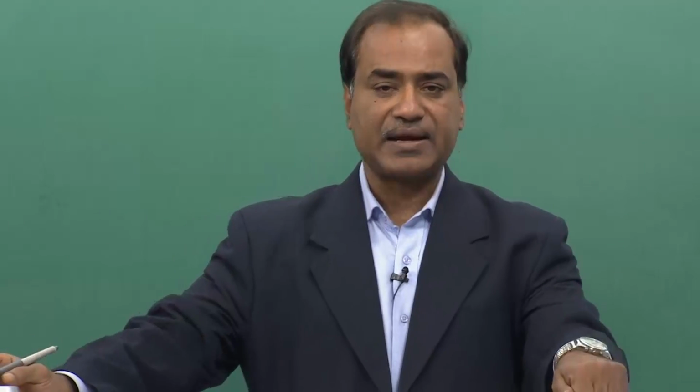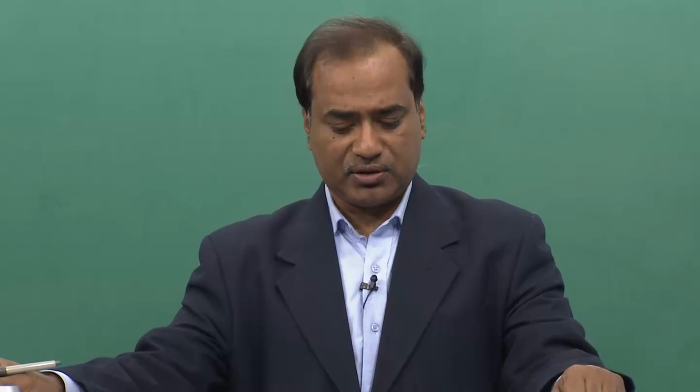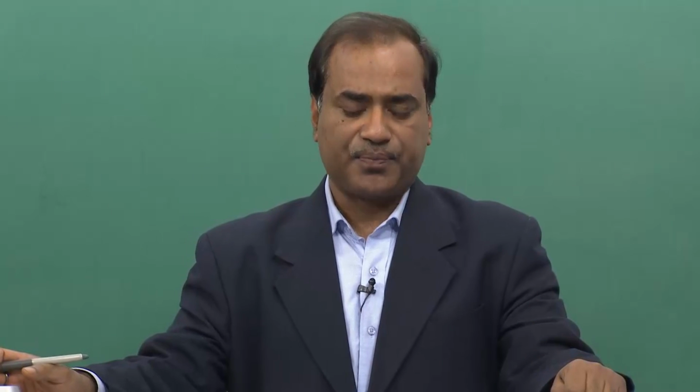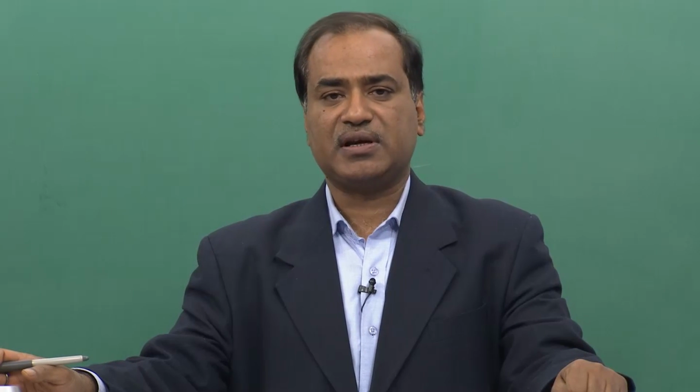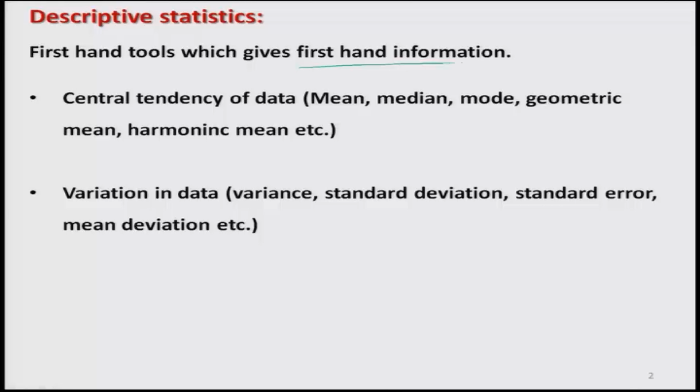So we start our lecture over here, and as we had discussed in the earlier lecture, whenever we get a data, the first hand information is given by two types of tool. First are analytical tool and second are graphical tool. Under the analytical tool there can be different characteristics, and here we are going to consider the central tendency of data and the variation in data.